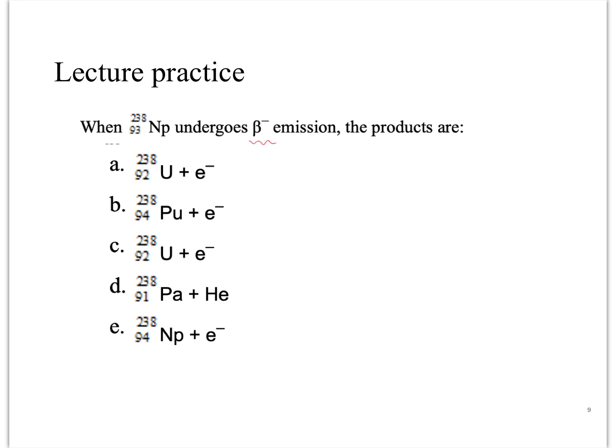For the product, first of all, you are going to have an electron. Now we are going to establish this equation right here. What is in here? Now pause the video and solve it. Now welcome back. What I have here is an atomic number of 94 and on the top 238. So that is answer B.